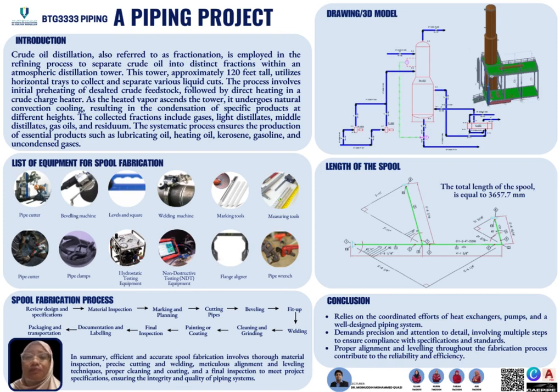Second, material inspection. Inspecting the pipes, fittings, and flanges, ensuring they meet quality standards, is crucial for a sturdy spool. Third, each component gets a mark and we plan the production sequence accordingly. It's all about precision and organization.